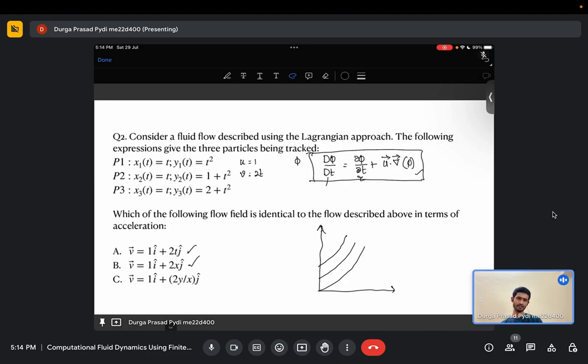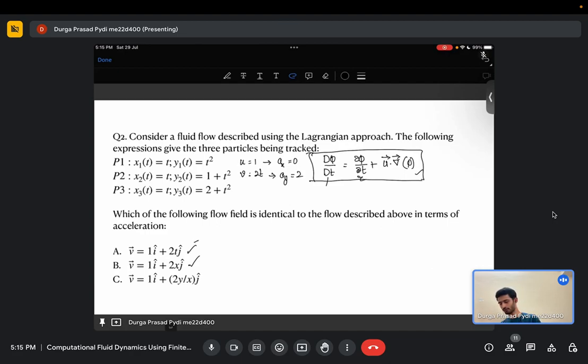In terms of acceleration, the question is basically, do you get the same acceleration? Not the velocities.